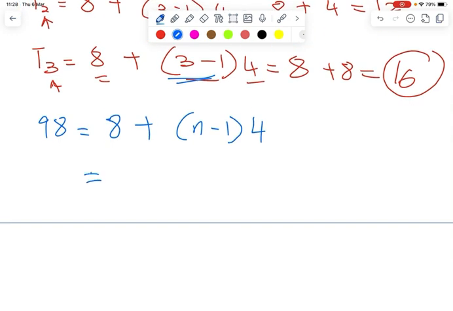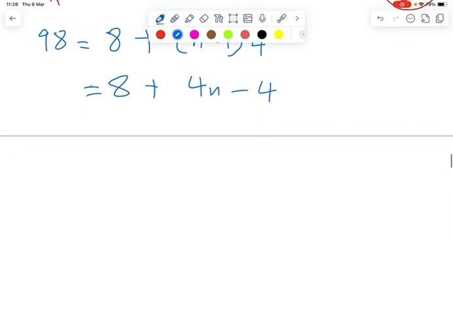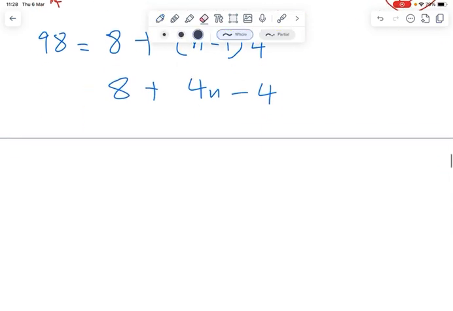Just simple algebra. So 8 plus the 4 you multiply by n is 4n minus 4 times 1 is 4. All right. So I would rather put the equal sign on my right hand side here, equal to 98. No big deal.